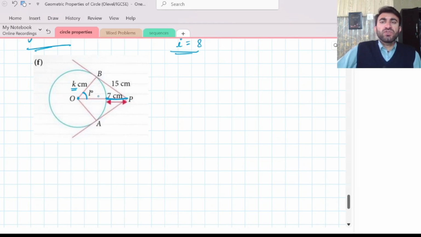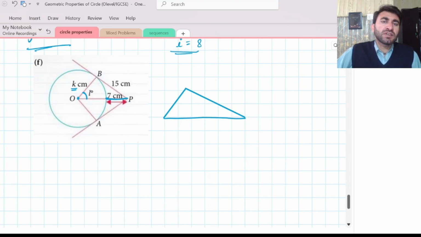So in order to figure out the value of K first, we will again use the Pythagorean theorem. I will mark the triangle over here. This is a right triangle. We know the angle over here is a right angle.